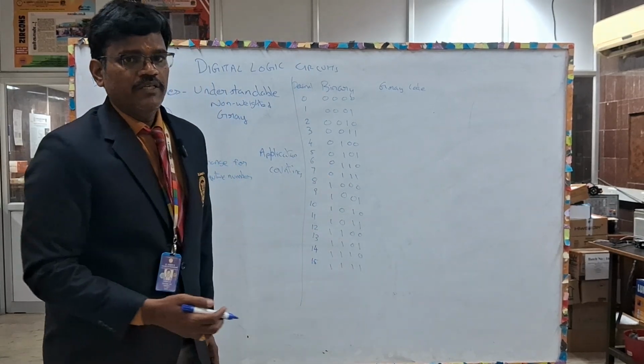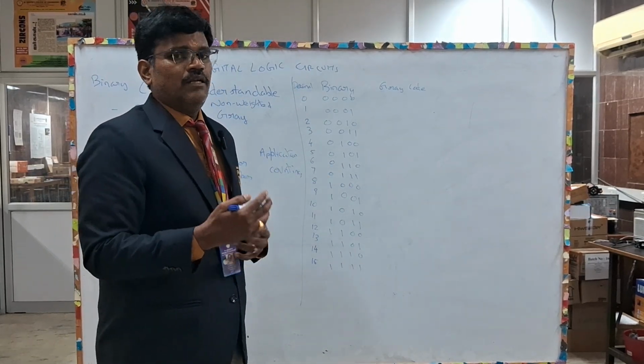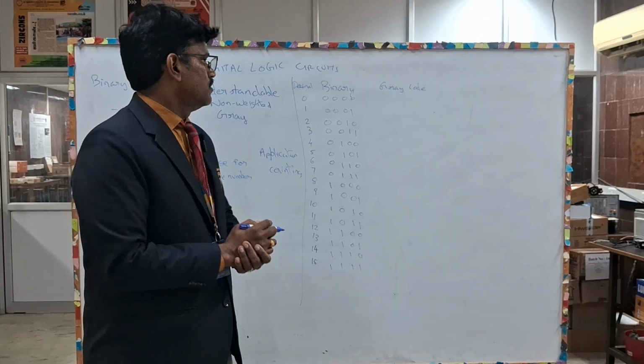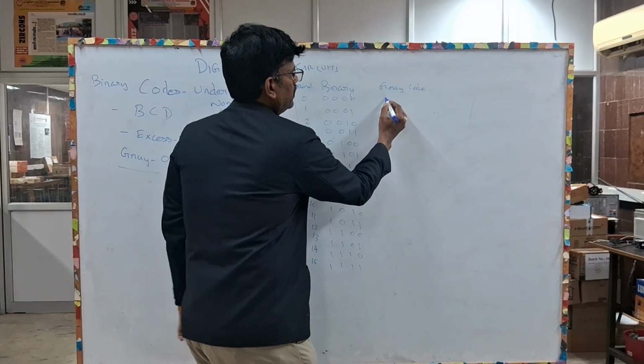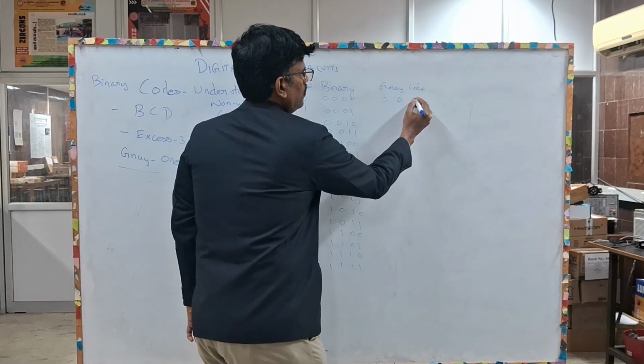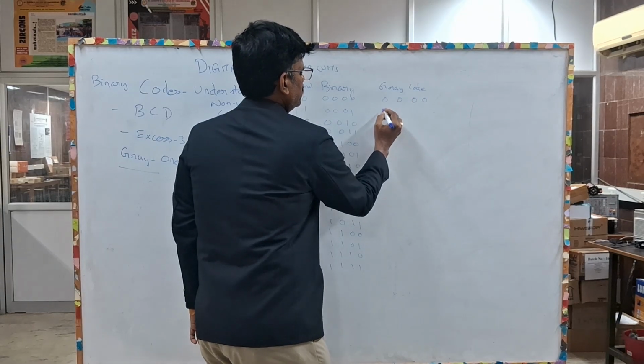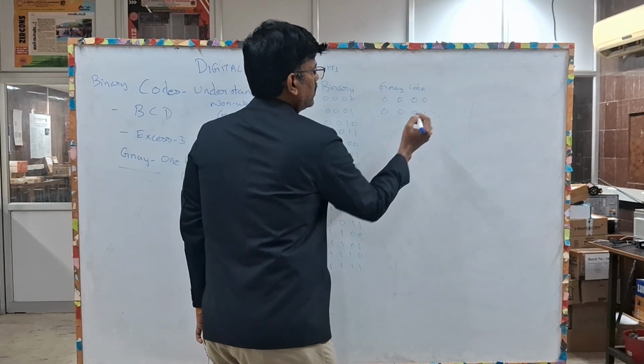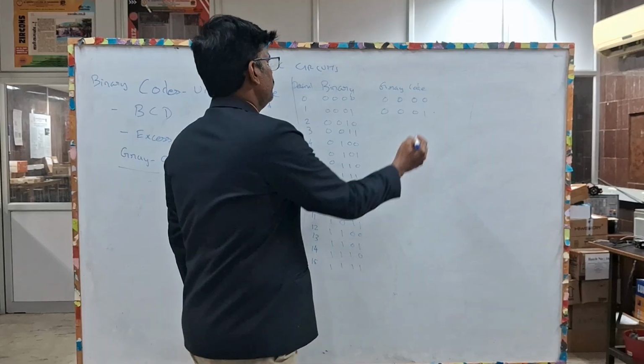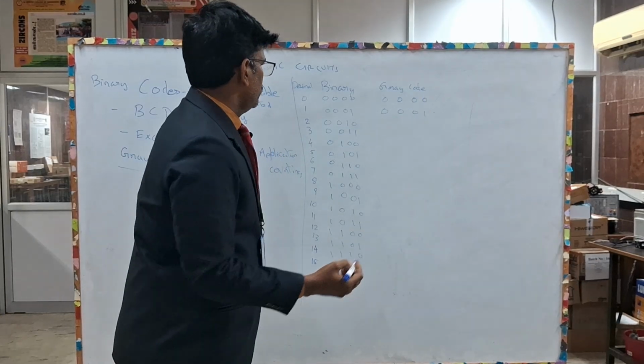So here, in binary, we see the number of bits changing for consecutive numbers. In the gray code, we use only a 1-bit change for consecutive numbers.